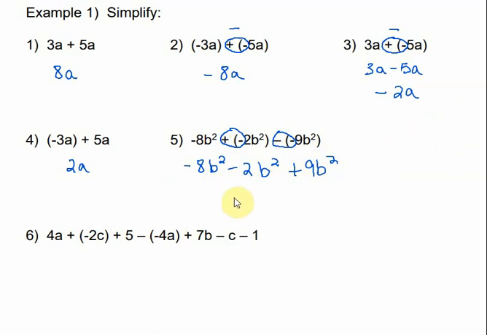So we can just go from left to right. Negative 8b squared and negative 2b squared, that would be a negative 10b squared, plus 9b squared. If I have 10 and I subtract 9, I get 1. It would be a negative 1. But in algebra, if the coefficient is 1, we don't write it. So it's just a negative b squared.